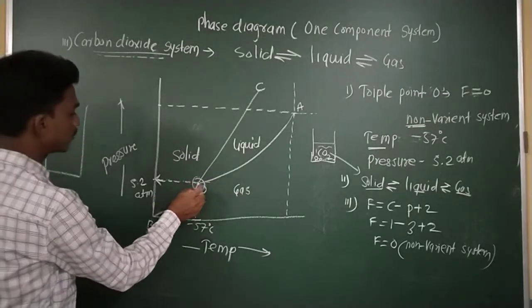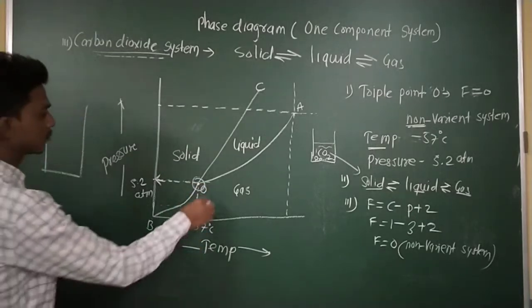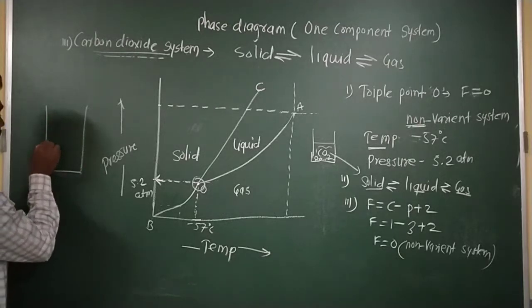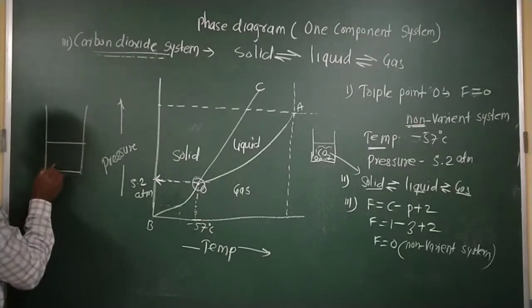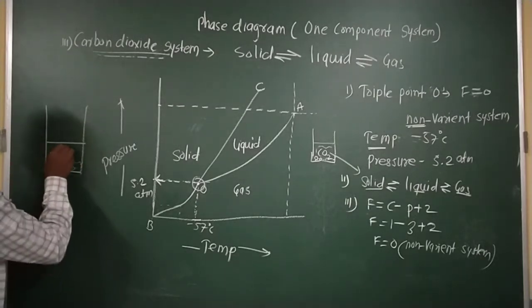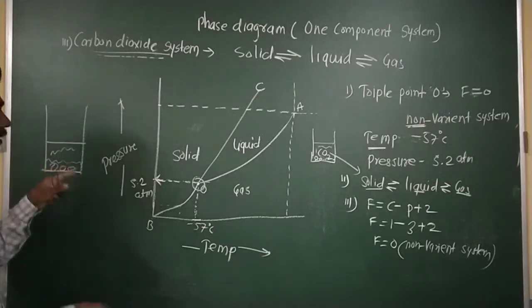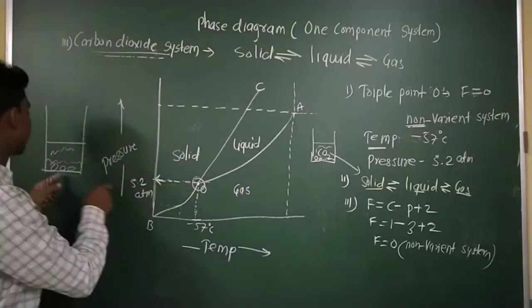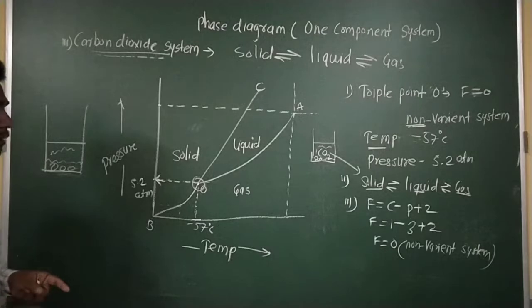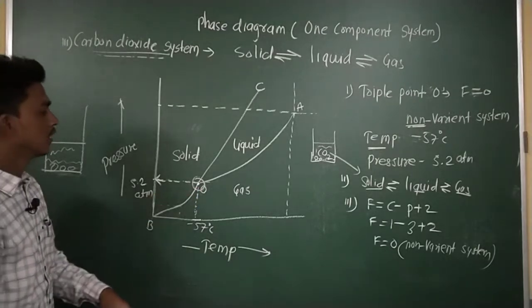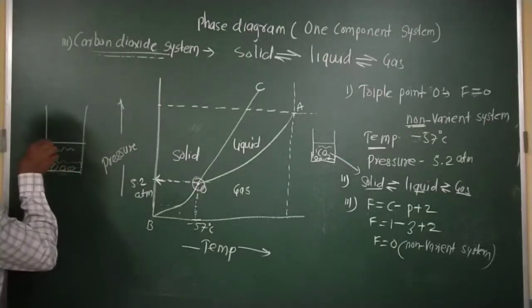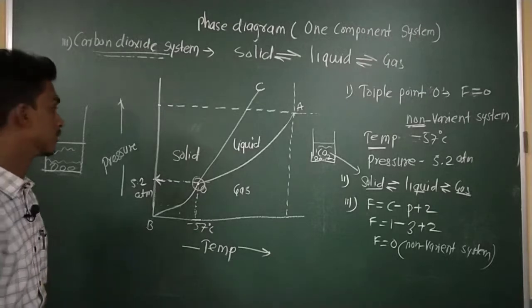In this beaker, I have selected the sample molecules from the point O, and at this point, carbon dioxide molecules exist in a solid form, a liquid form, and also a vapor form. That means 3 different phases exist in this beaker. When I collect the sample from the triple point, the carbon dioxide molecules exist in the 3 different phases.